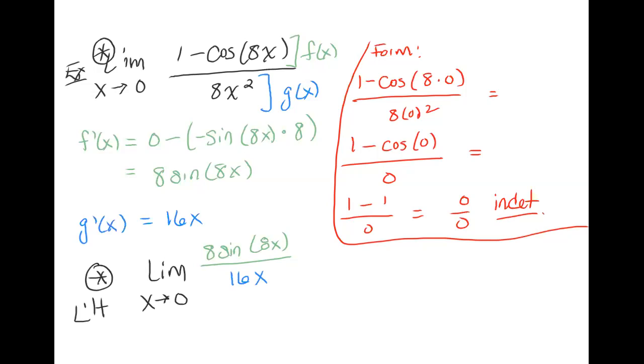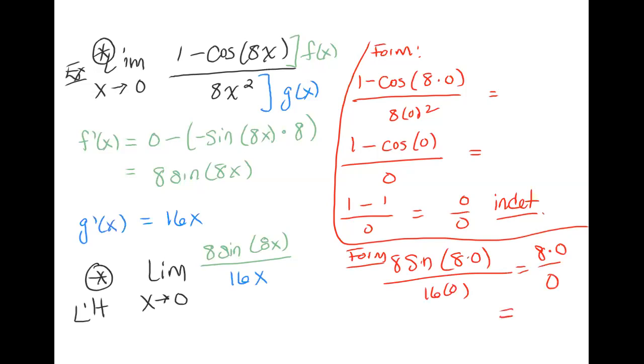Okay, let's try to directly evaluate. Let's check the form. 8 times the sine of 8 times 0 over 16 times 0 is equal to 8 times the sine of 0. Sine of 0 is 0 over 16 times 0 is 0. I still have 0 over 0 form. This is still indeterminate.